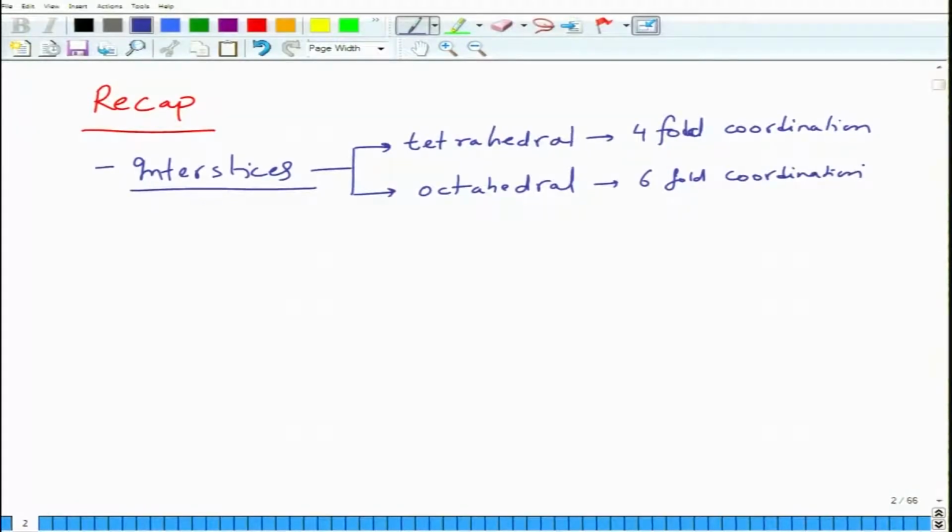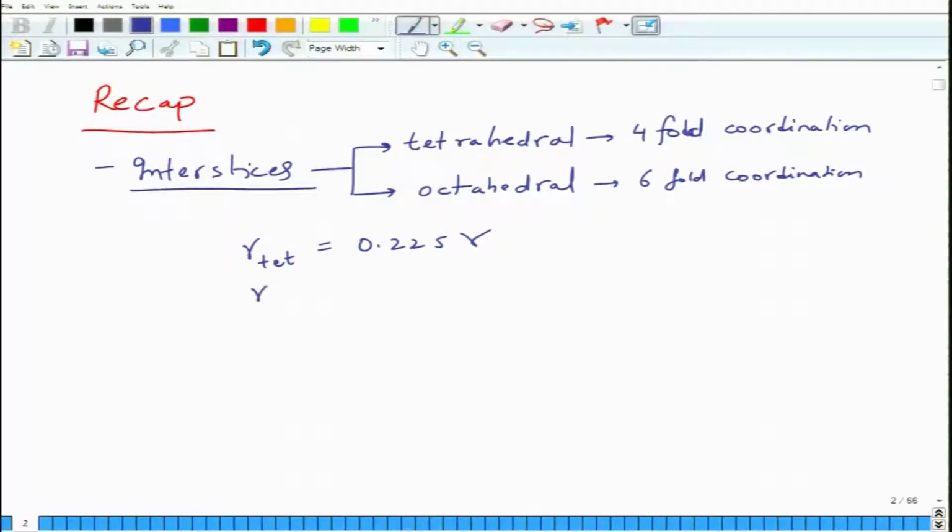And if you have a regular tetrahedra and regular octahedra, as is the case in FCC and HCP structures, then the size of an atom that can fit in a tetrahedral void is 0.225 of the radius of the host atom. This is without distorting the tetrahedral void.